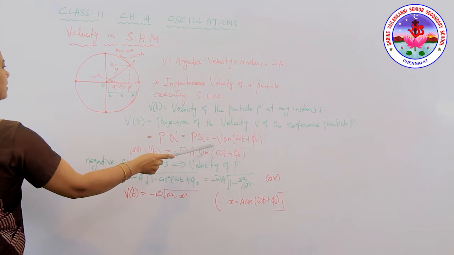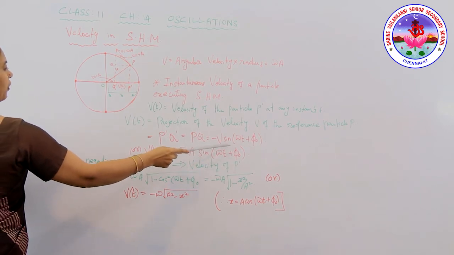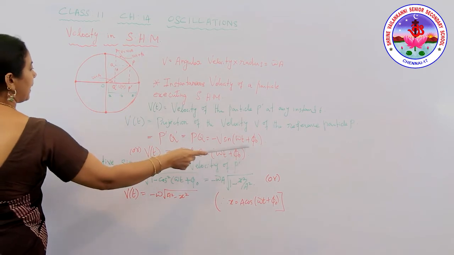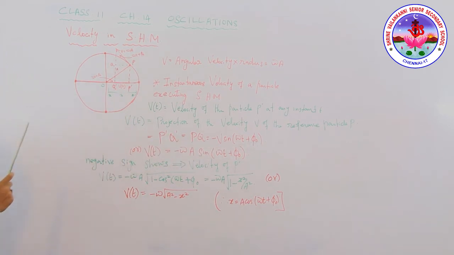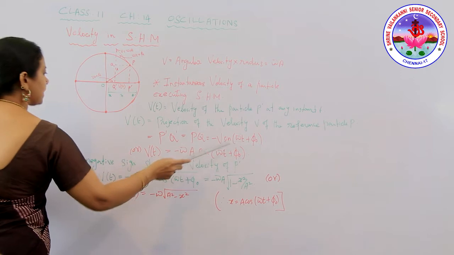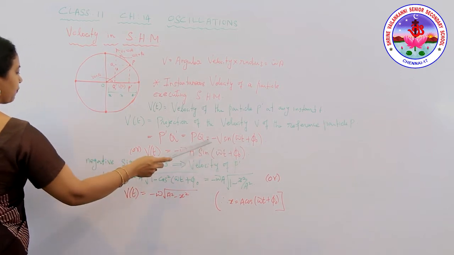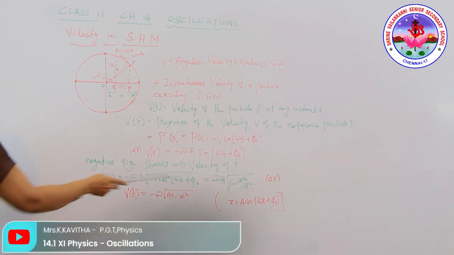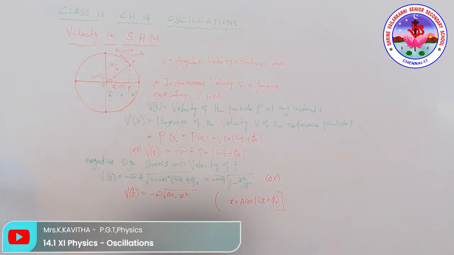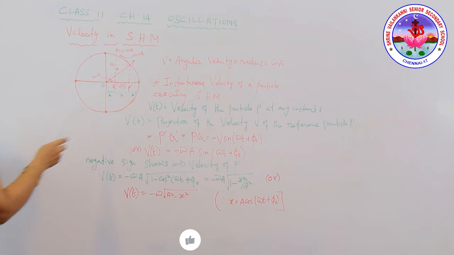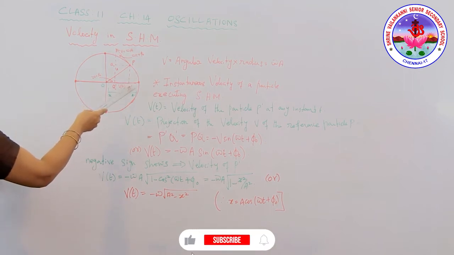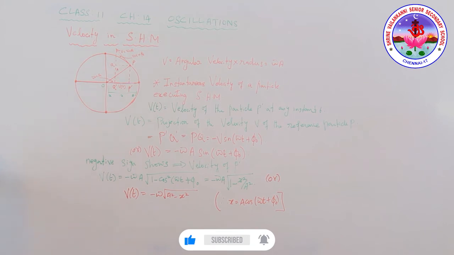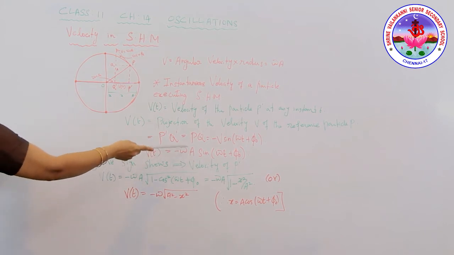So PQ is equal to minus V sine of theta, where theta is omega t plus phi naught. So we have minus V sine of omega t plus phi naught. This minus sign indicates only the direction of the velocity of P dash, which is towards the left. That is why we have taken the negative sign.